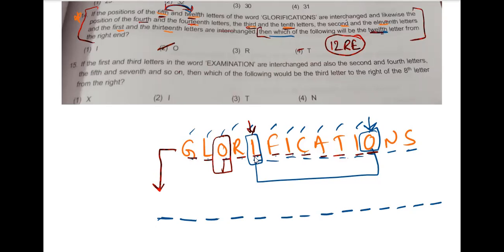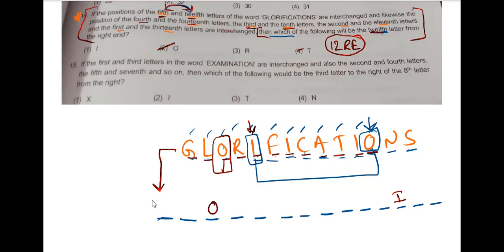Okay, write this I in 12th place first. 1, 2, 3, 4, 5, 6, 7, 8, 9, 10, 11, 12. The 12th letter is this one. This will be I. And the 12th will be in fifth place. What is the 12th letter? O. O will be in fifth place. Okay.